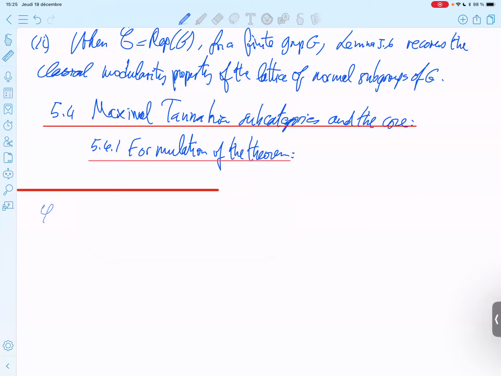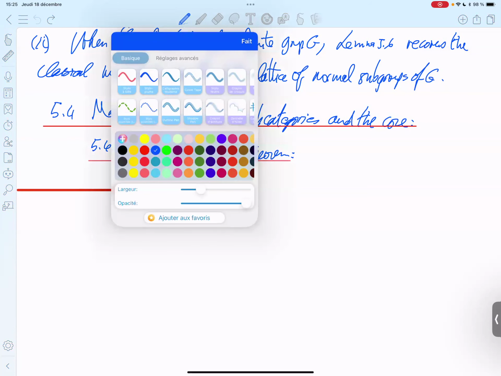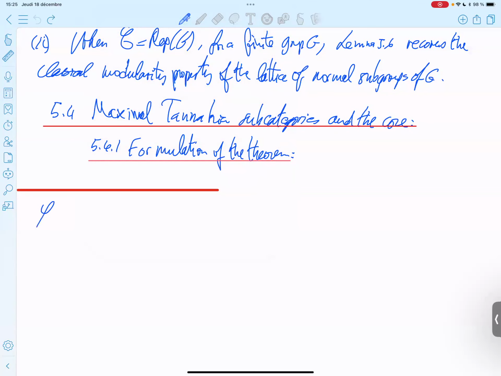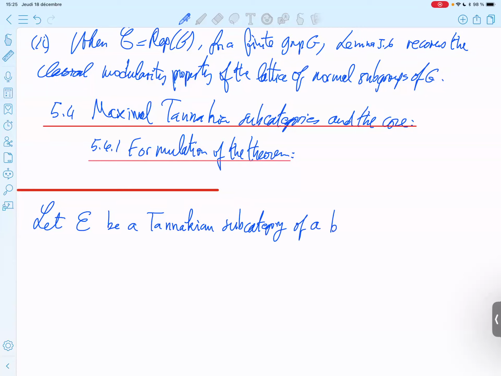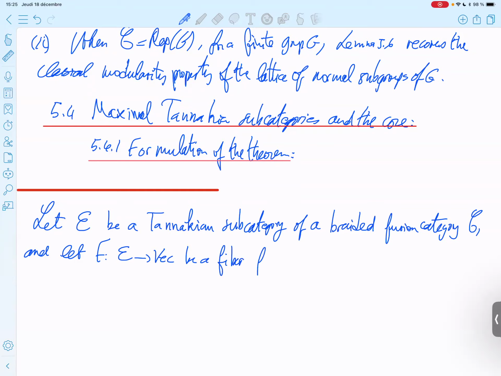Let E be a Tannakian subcategory of a braided fusion category C, and let F from E to VEC be a fiber functor.